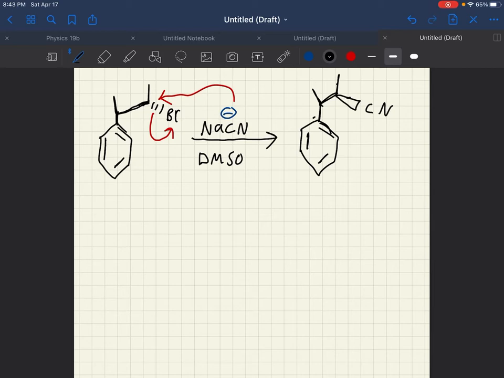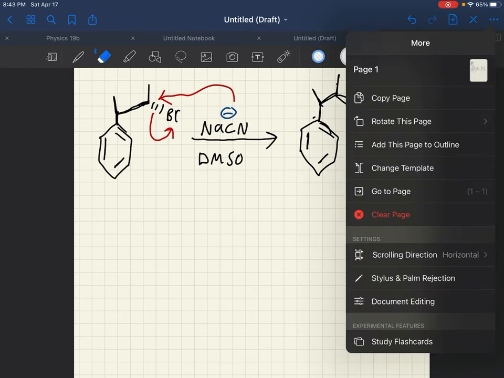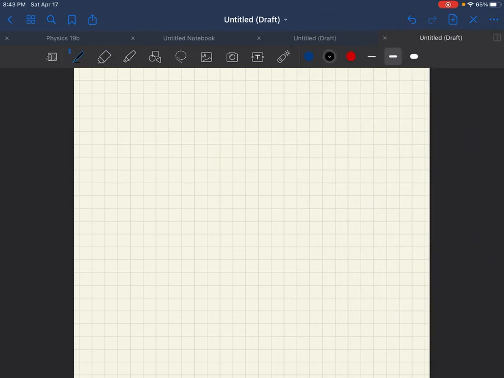So the next one we're going to do is going to look like this. Clear the page. I don't like that. Try and draw this so it's a little bit better.